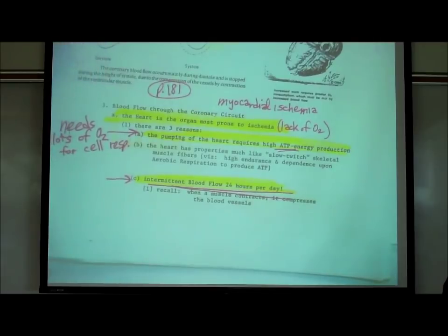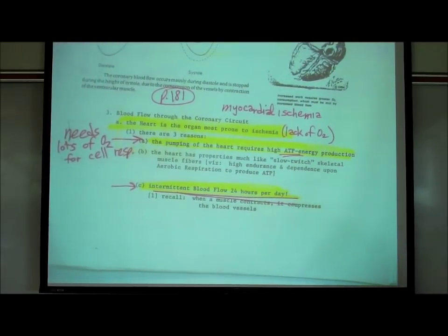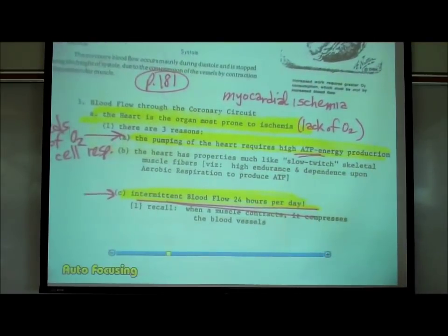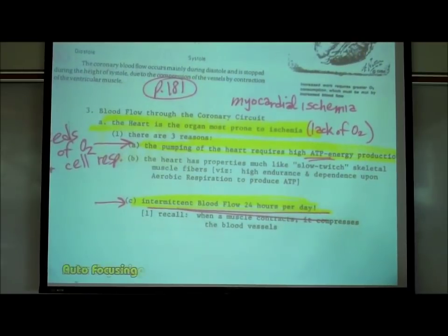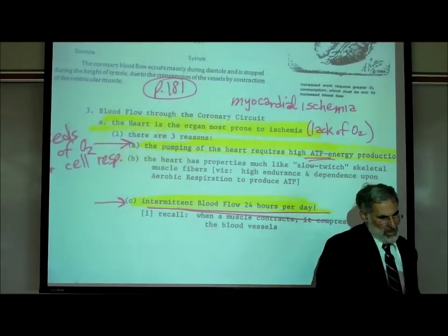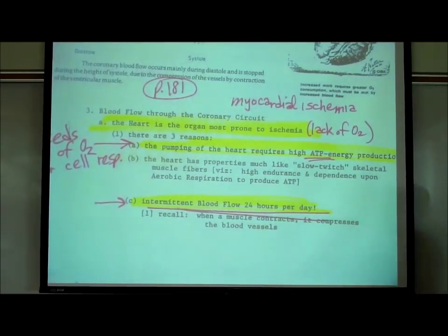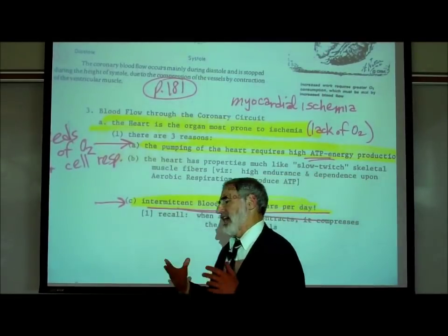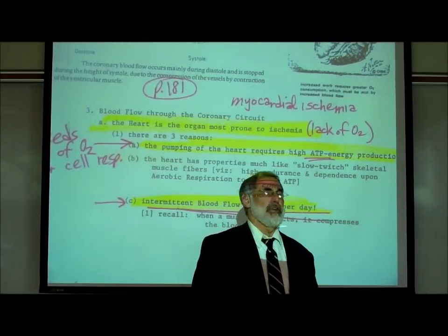On page 181, at the bottom of 181, we wrote that the heart is the organ most prone to ischemia. Now, ischemia means lack of oxygen. In fact, we can use the word ischemia and apply that word to any tissue of the body.